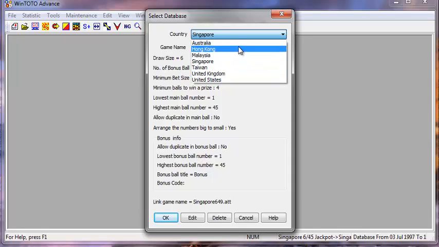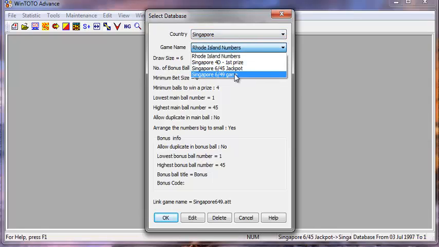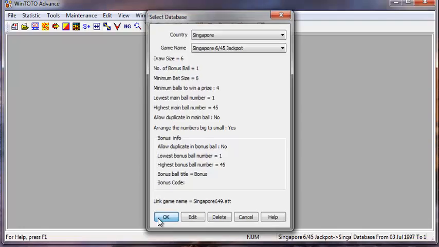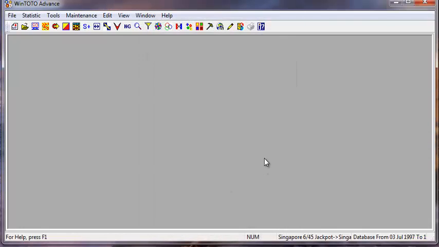So please take note, we have all these countries' data. 在 WinToto Advance 软件里面，我们有包括澳大利亚、香港、马来西亚、新加坡、台湾、英国跟美国的之类。当然，今天我会跟大家讨论的是新加坡。Alright, I'm discussing Singapore data and I'm using the jackpot 645, which include the 649 numbers as well. 所以我用的是新加坡645，包括49个号码。Right, so let me close this.